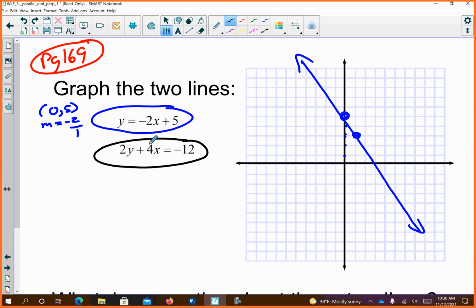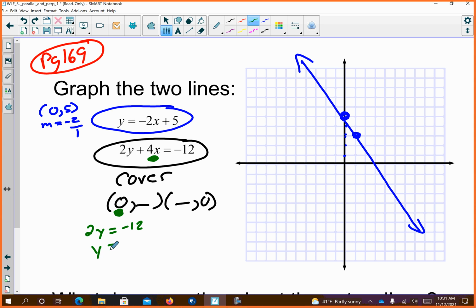The second equation is definitely set up as a cover method. So 0, blank, blank, 0. So if I cover up our x value, notice what I just did. I get 2y equals -12. Divide each side by 2, so I get -6.